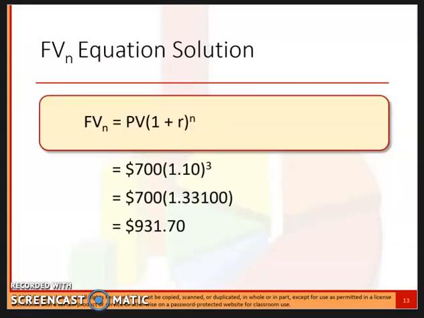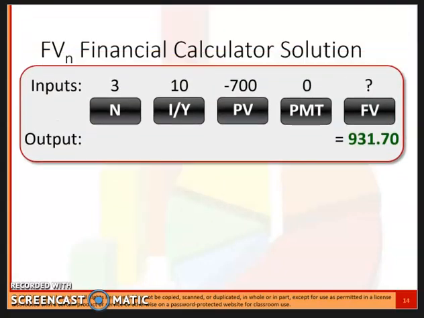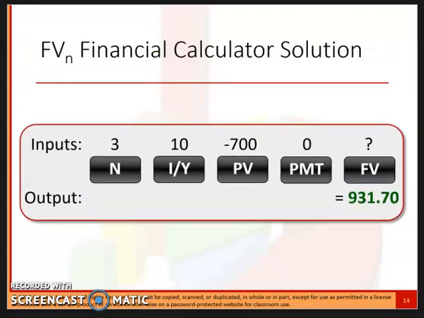The formula, as I worked before: present value, in this case our $700, multiplied by 1 plus 0.1, which is 1.1, for 3 years. So that's $700 multiplied by 1.331. So that gives us our $931.70.